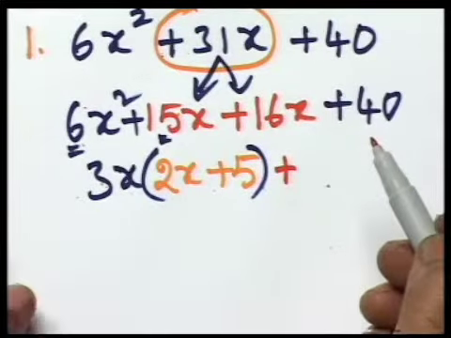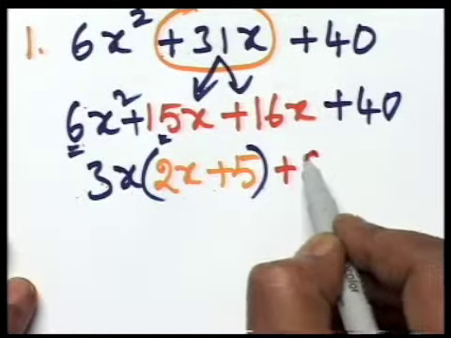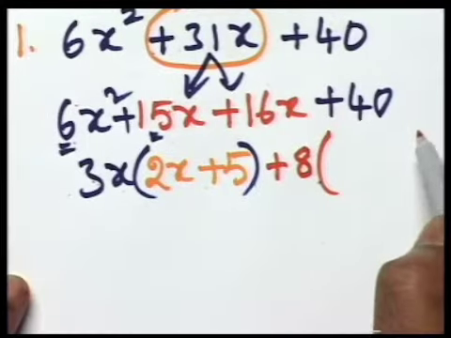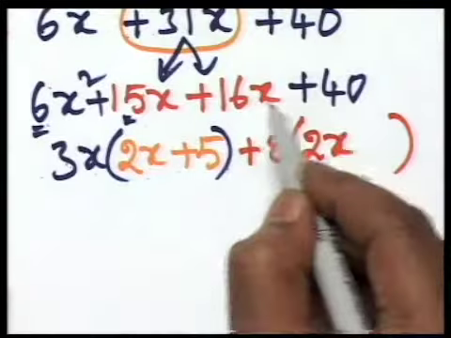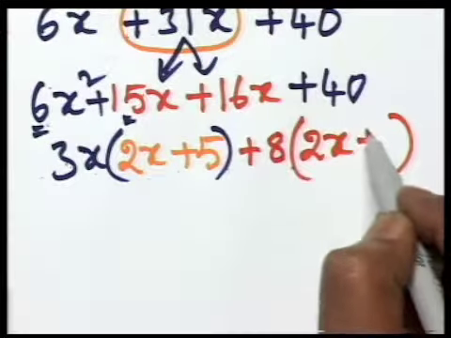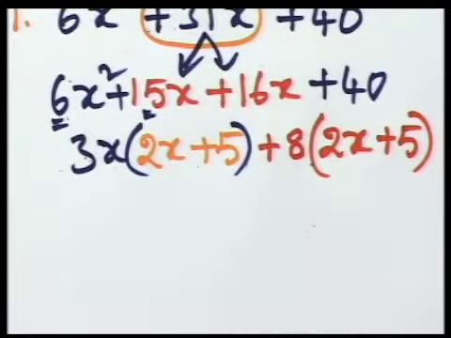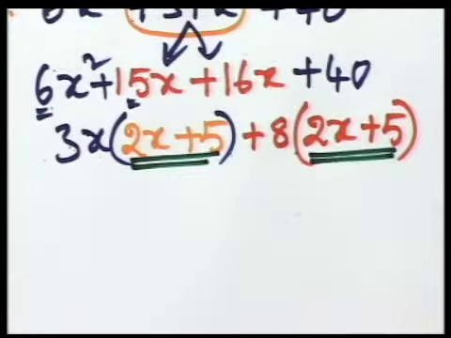What is the maximum common factor? 2 is common, 4 is common, 8 is common. Please watch. 8 is common, 8 is the maximum. X is not common. So inside the bracket now, 8 times 2, 16x there, x is x, and plus 8 times 5, 40. Now, why should we be happy? Because those two brackets are the same, right?